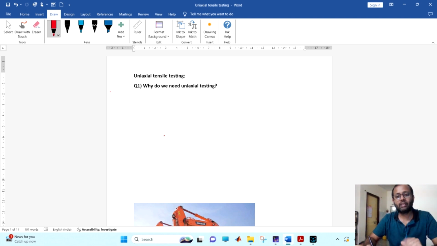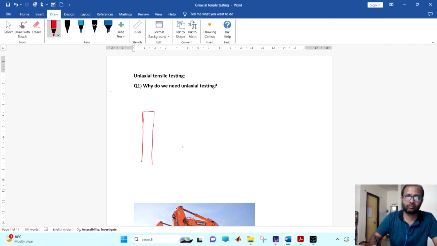But in actual conditions, the component is not subjected to uniaxial loading. First we should see what uniaxial loading is. This is the sample I am drawing here, and this is its cross-sectional area.